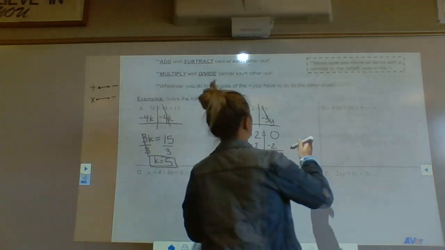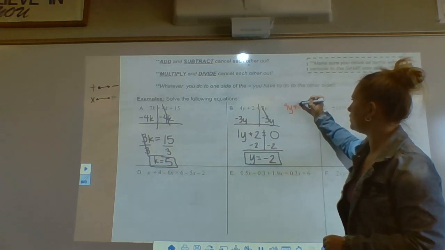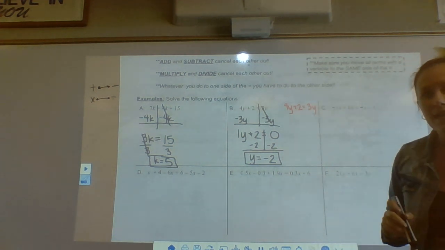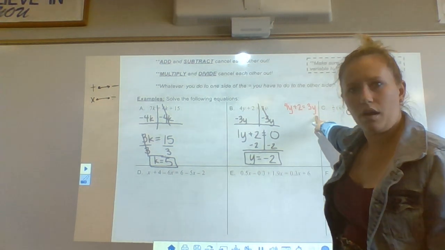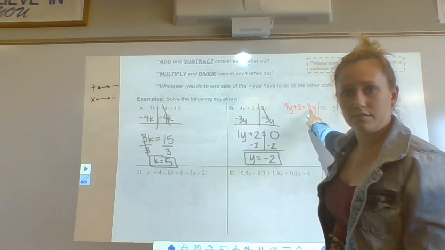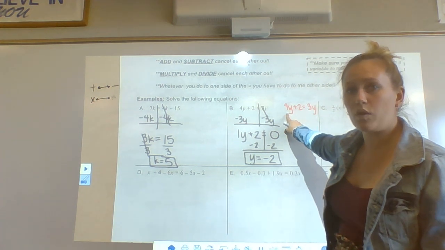So we started off with 4y plus 2 equals 3y. So let's say that you didn't move the smaller y first, you just saw, hey, all the y's are over here by itself. I just want to move those y's to get with these y's on this side. So we need to do the opposite of positive 4y.